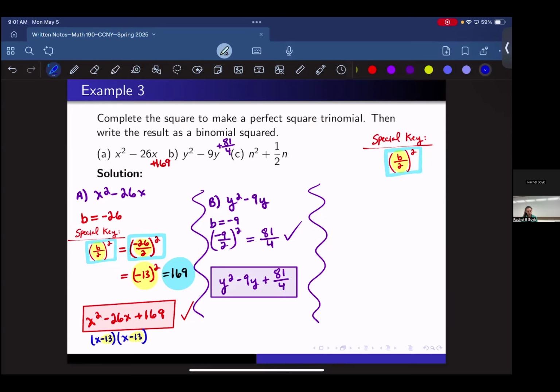Again, if we wanted to figure out what the factored form is, x minus 9 over 2 in parentheses x minus 9 over 2. And last but not least, we have n squared plus 1/2 n.